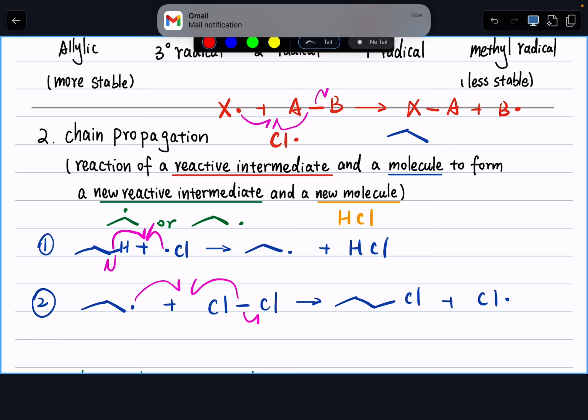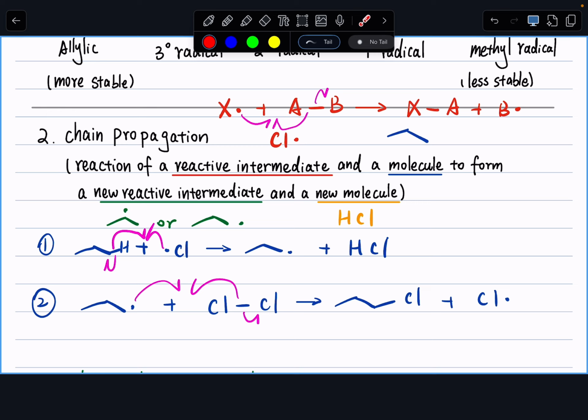Or very soon we'll see chain termination, which is how these radicals will come together and finish the reaction. So chain propagation will just keep going until you use up everything, or you manually shut it off. By everything, all the carbons?